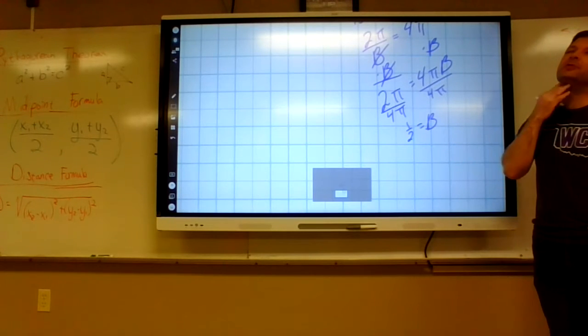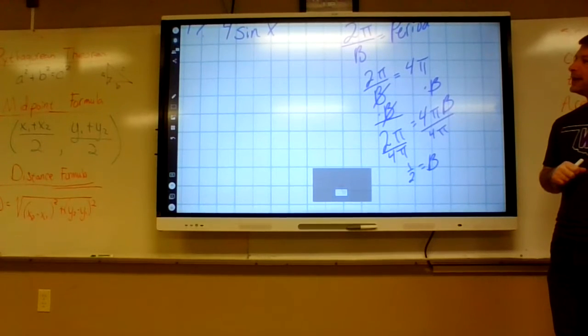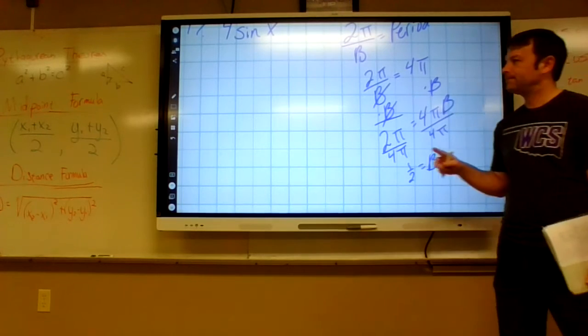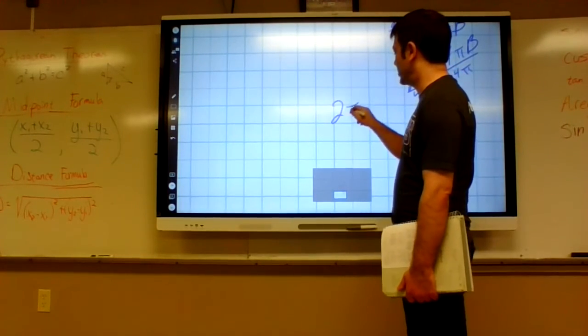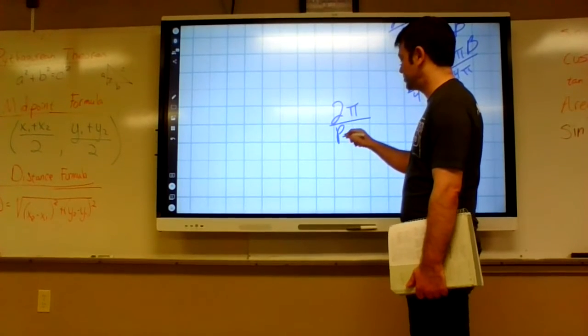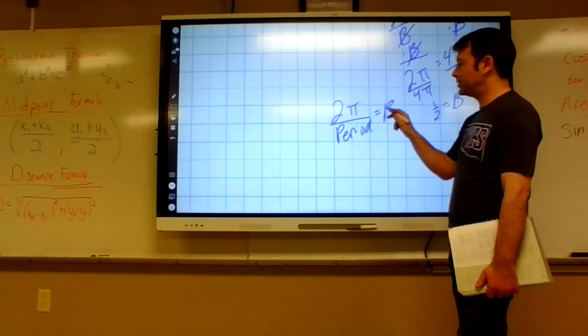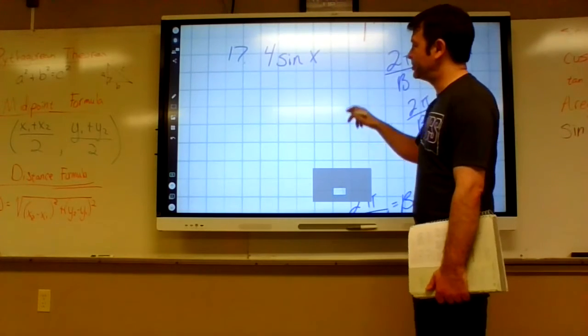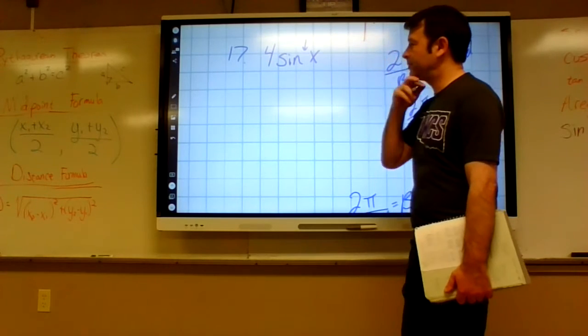That's just an example. Basically, if you do 2 pi divided by the period, that will give you the b value. And the b value is what you put right there, the number in front of the x.